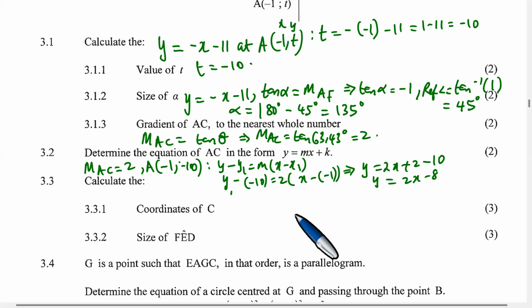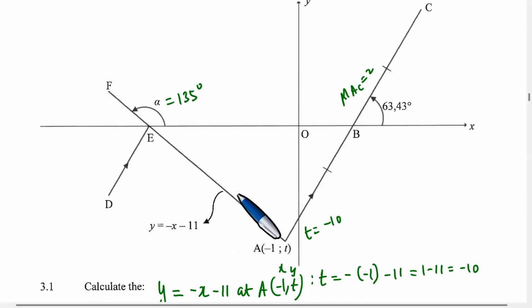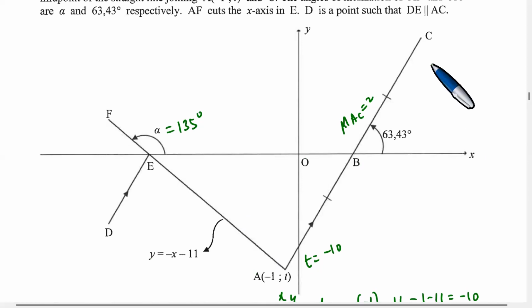Next question. The coordinates of the point C. Let's identify the point C. Right, so here is the point C, and we want to find the coordinates of the point C. But we know that B is the midpoint. If you know that B is the midpoint, you can find one of the values.